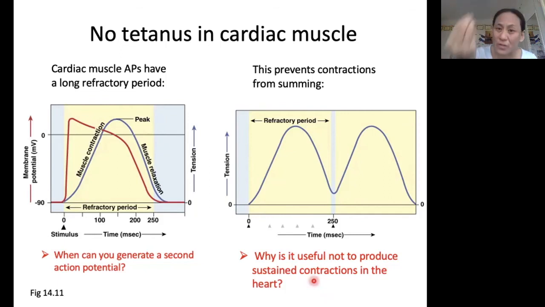We want it to contract and then relax so that it can fill with blood again, so that we can pump again, contract again to pump that blood out. If we had a sustained contraction in the heart, we would never have that opportunity for the heart to fill with blood, and we wouldn't really have a starting point for that pumping action. So we do need that alternation of contraction and relaxation in the heart.